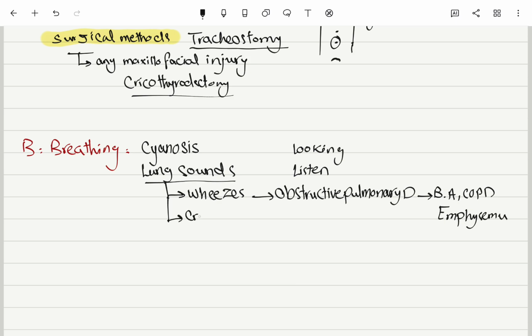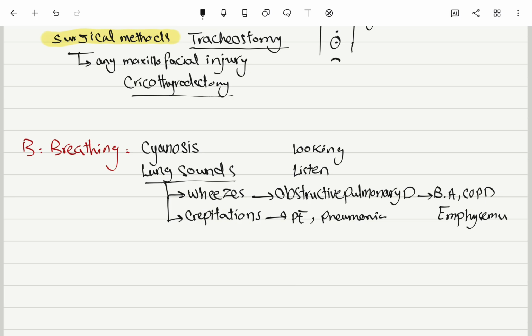If there are crepitations, it is a sign of pulmonary edema or pneumonia. In pneumonia, there is a mix between wheezes and crepitations, by the way.